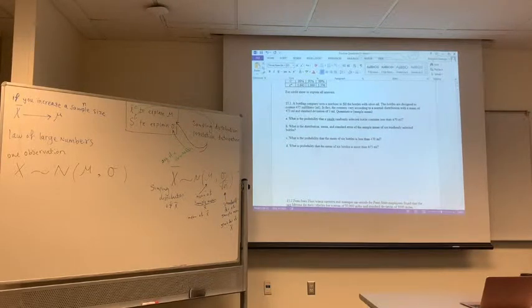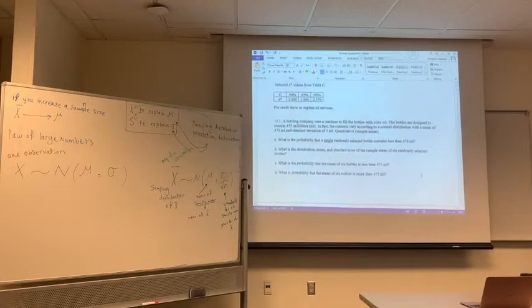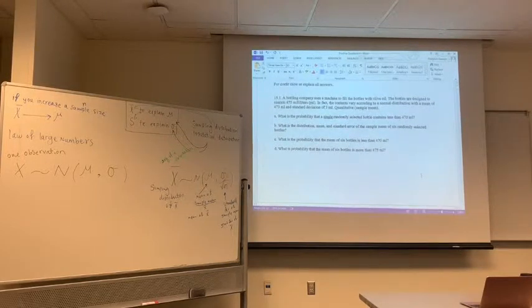This one. It says a bottling company uses a machine to fill the bottles with olive oil. The bottles are designed to contain 475 milliliters. In fact, the contents vary according to a normal distribution with a mean of 474 and a standard deviation of 3.